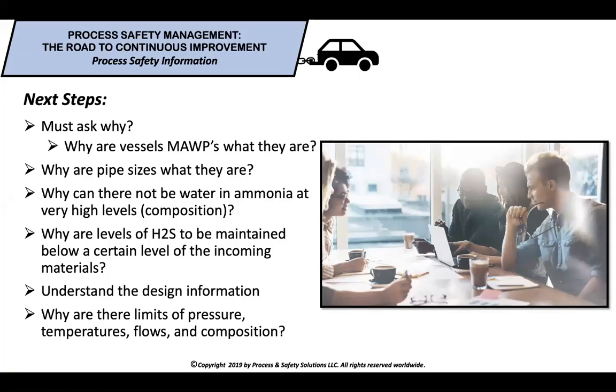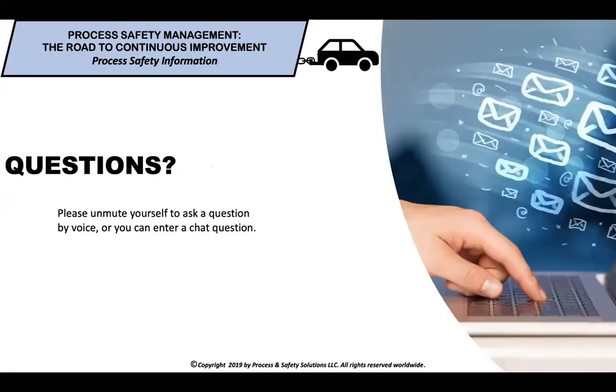These are the first things that we do in the process design. We need to understand why there are limits in pressure, temperatures, flows, and compositions. And if we ask ourselves those questions, even up to and during the PHA, maybe we can document and find more of these issues that we need to address in our process safety information.